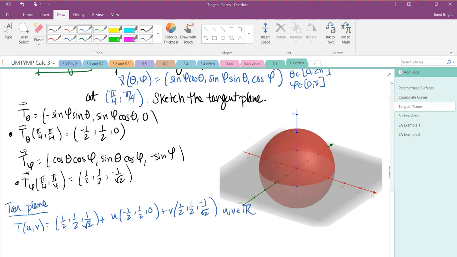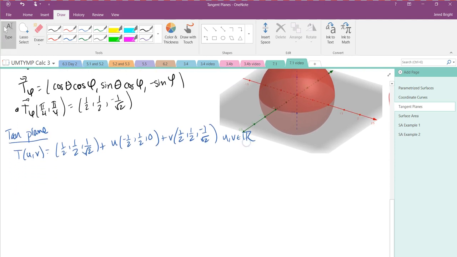I could also use the normal vector definition. If I do that, I would have to find n. It turns out that if I find n and plug in pi over 4, I get negative 1 over 2 root 2, negative 1 over 2 root 2, and negative one half for the vector.